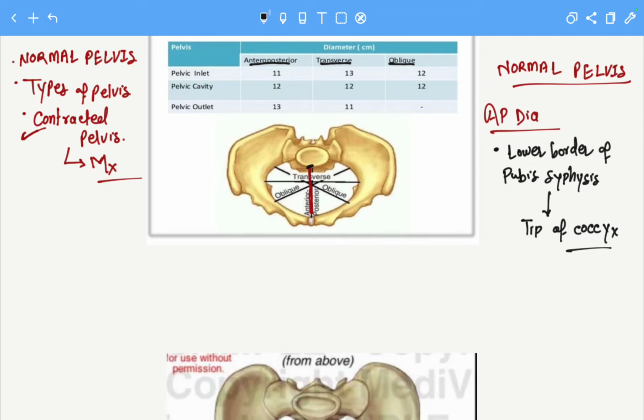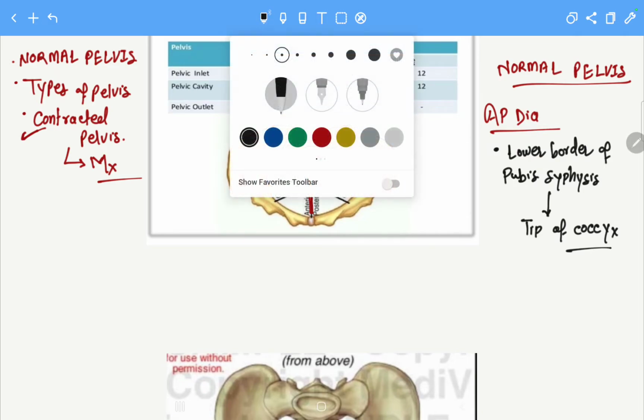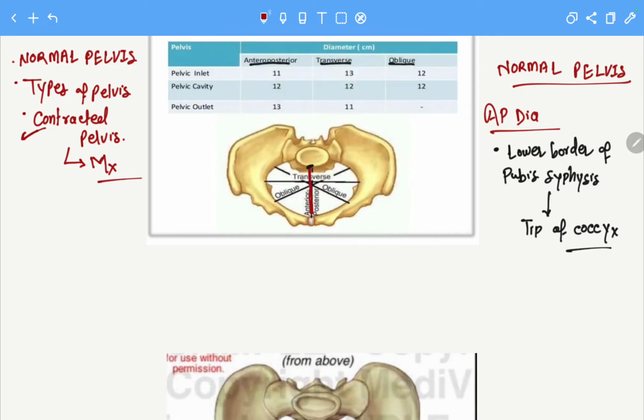The next is the transverse diameter. This one is the transverse diameter.